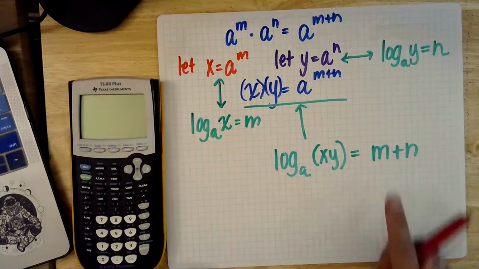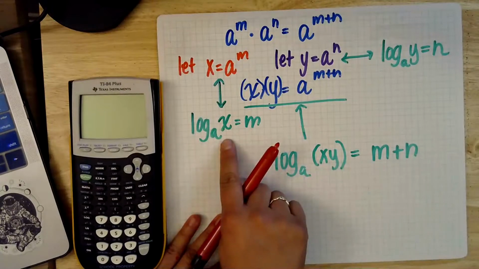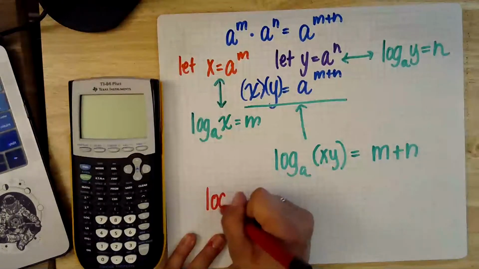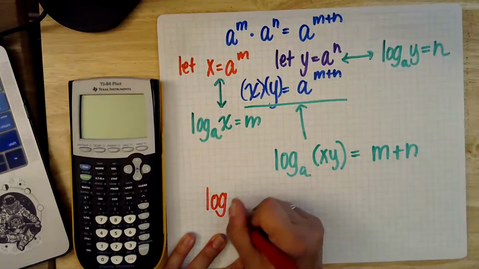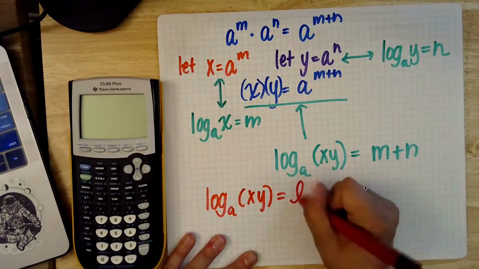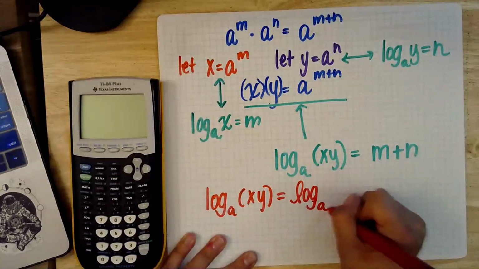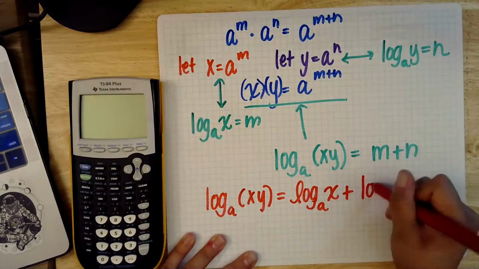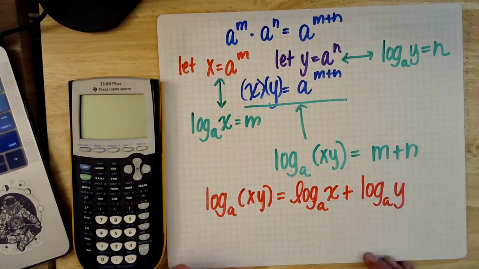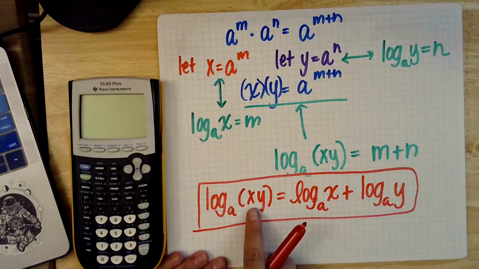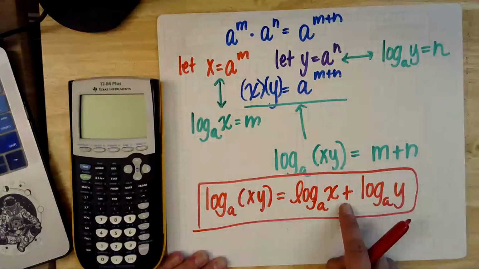Remember that m is equal to log a of x and n is equal to log a of y. So now the final rule says the following: log base a of this product is simply log a of x plus log a of y. So if you notice, in order to expand this product of logs, it expands through addition.